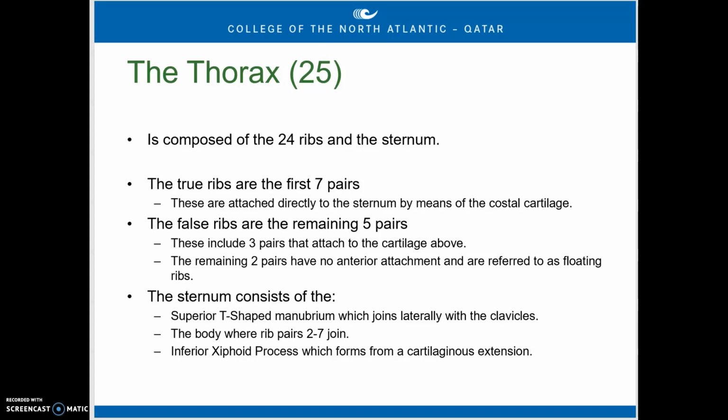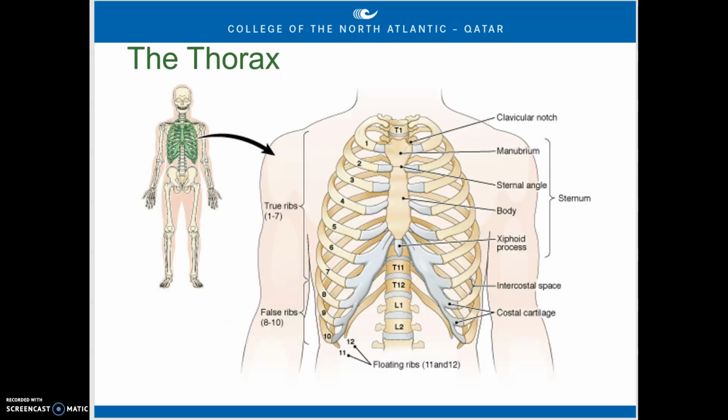The body of the sternum is where ribs 2 to 7 join. At the very posterior or inferior part of the sternum is a cartilaginous extension called the xiphoid process, and you've probably commonly heard that called the solar plexus. So it's almost dead center of your chest.